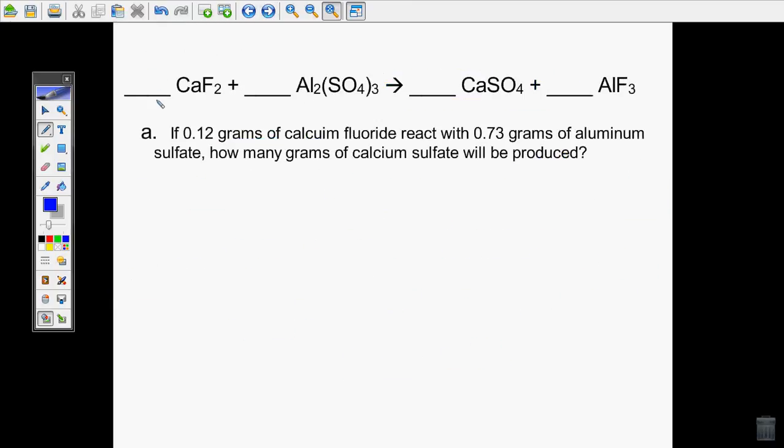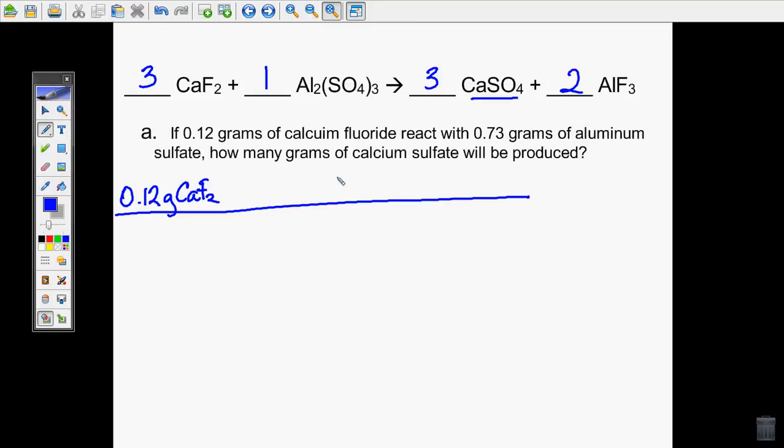All right, so we want to figure out how much calcium sulfate we can make. So we still need to balance our equations. And we get 3, 1, 3, 2. So I'm going to start with 0.12 grams of calcium fluoride, CaF2. And I want to go till I get to grams of calcium sulfate. So my molar mass is 78.01 grams, CaF2, 1 mole.